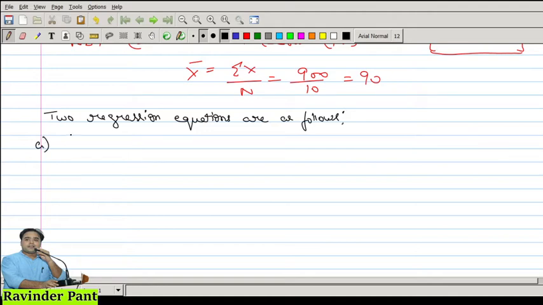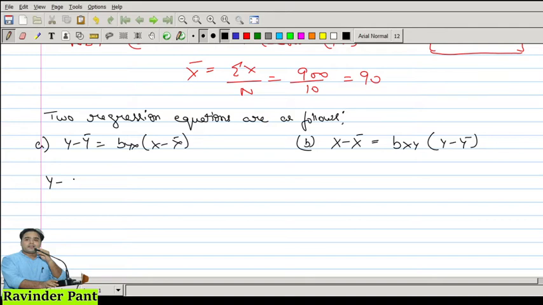One is here, which is y minus y bar is equal to byx into x minus x bar, and the other one is x minus x bar is equal to bxy into y minus y bar. So let us put these values.